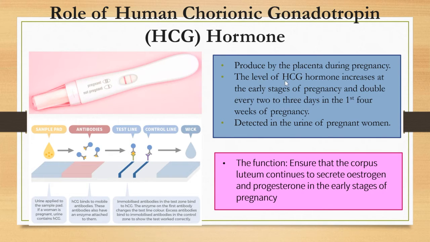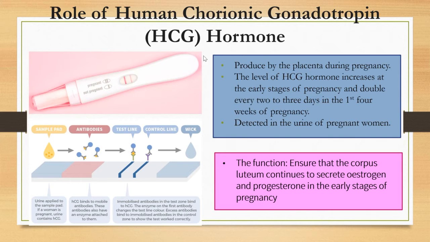The level of the HCG hormone increases at the early stages of pregnancy and doubles every 2 to 3 days in the first 4 weeks of pregnancy. So this hormone can be detected in the urine of pregnant women. Have you ever seen this test kit?